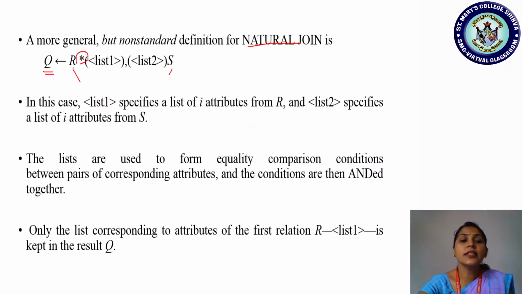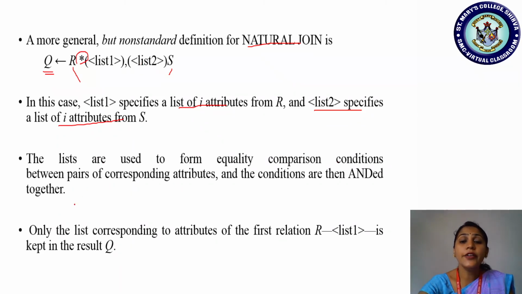Yes, so in this case, list 1 specifies the list of i attributes from R and list 2 specifies a list of i attributes from S. List 1 are all the attributes belonging to relation R and list 2 are all the attributes belonging to S. So the lists are used to form equality comparison conditions between pairs of corresponding attributes, and the conditions are then ANDed together.